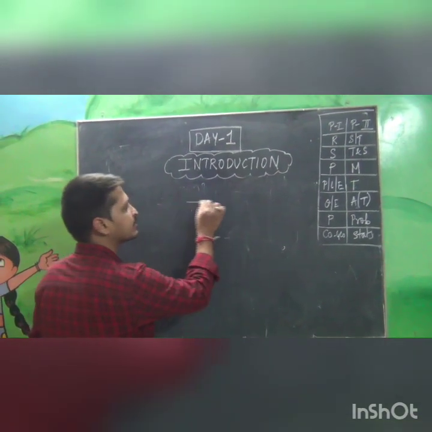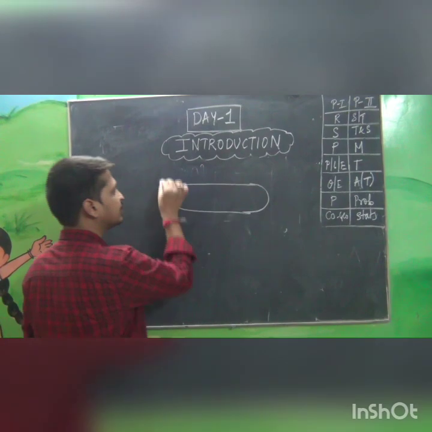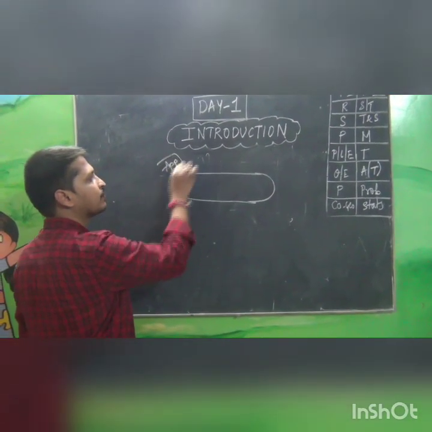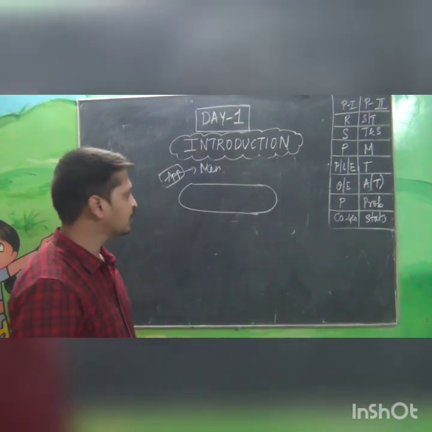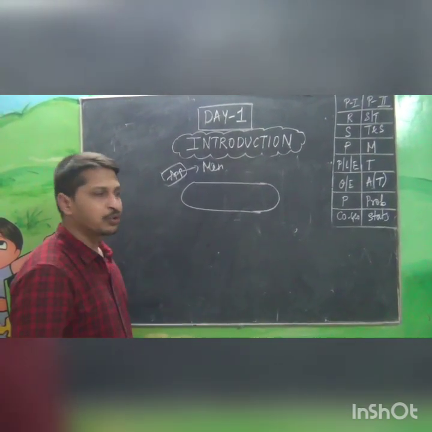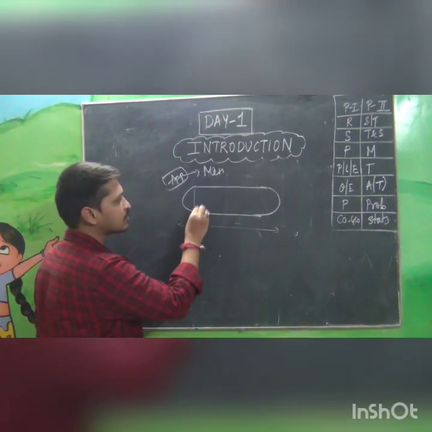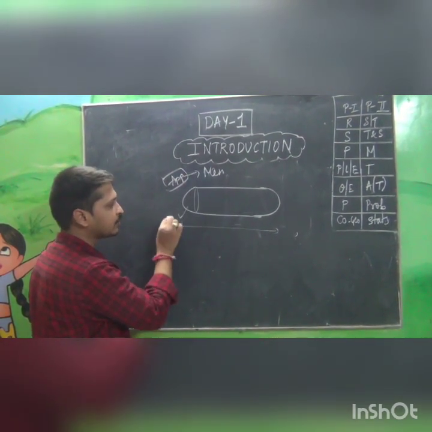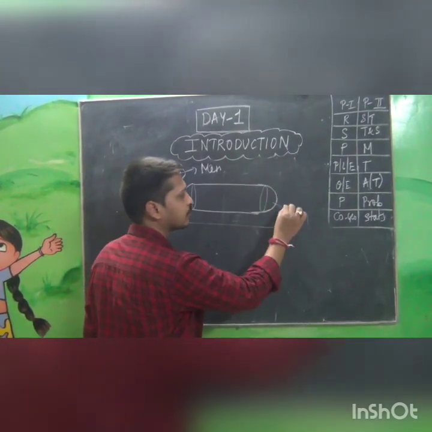Now we have a medicine capsule. This is one application related to mensuration. To find the total area of this, we have one hemisphere here, and again here we have one hemisphere.